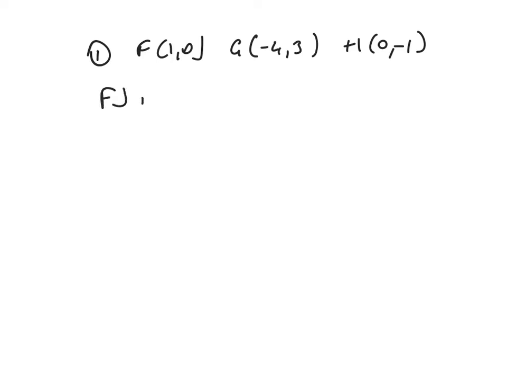F, G and H are the points (1, 0), (-4, 3), and (0, -1) respectively. FJ we're told is a median of the triangle, and HR is an altitude.